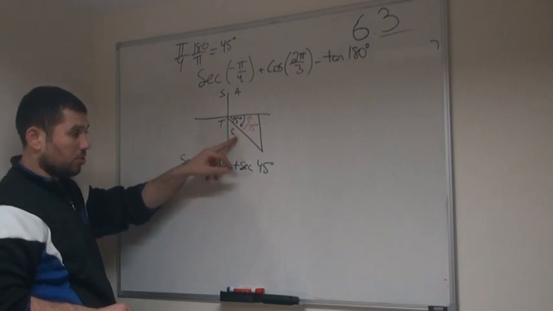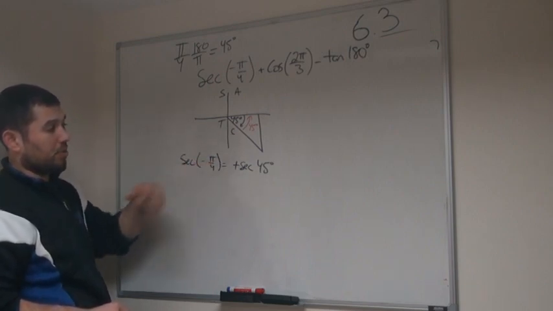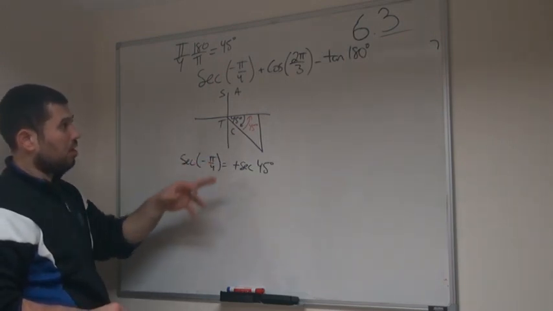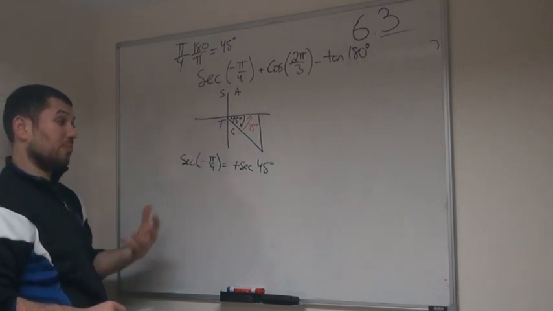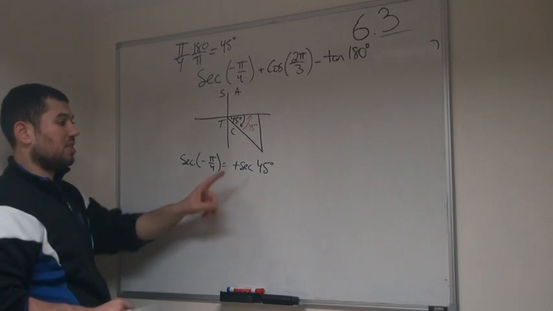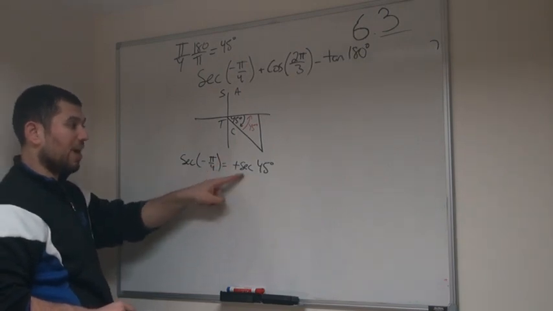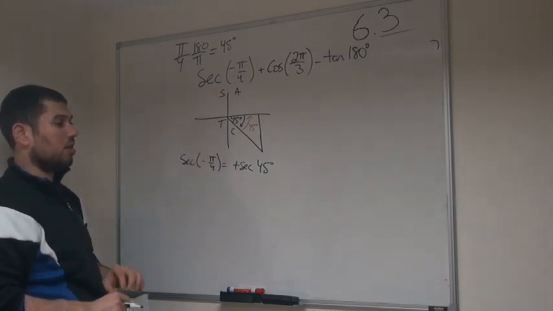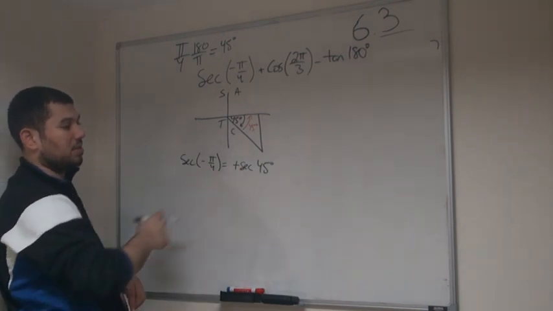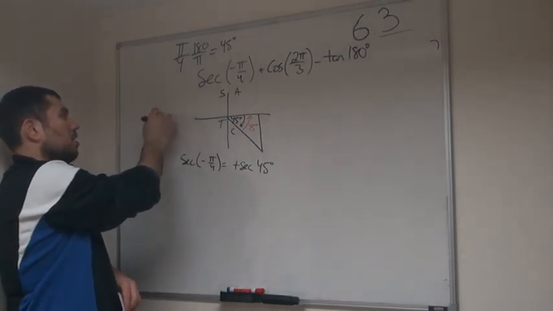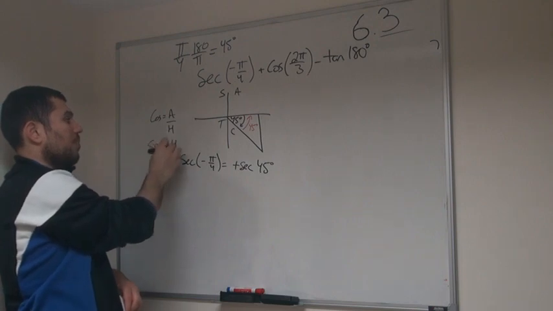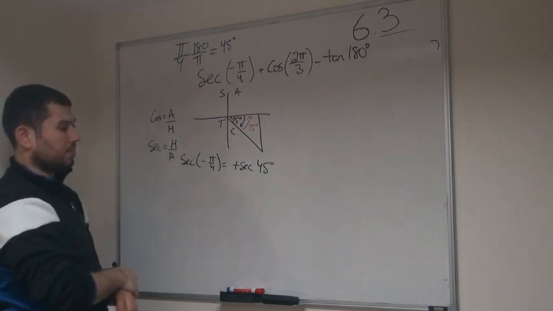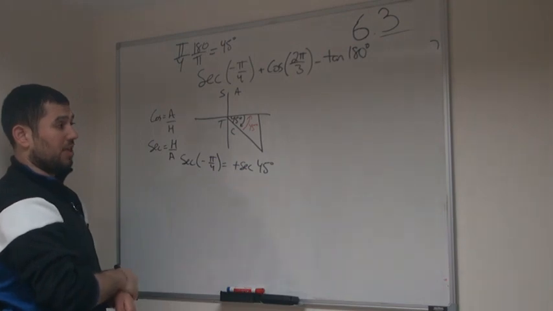Since it ends in quadrant 4, I'm off by a plus or minus sign potentially. Cosine is positive in quadrant 4, so is its reciprocal function secant. So secant is positive in quadrant 4. Now, what is the secant? If cosine is adjacent over hypotenuse, secant is the hypotenuse over the adjacent side. And it's a 45 degree angle.